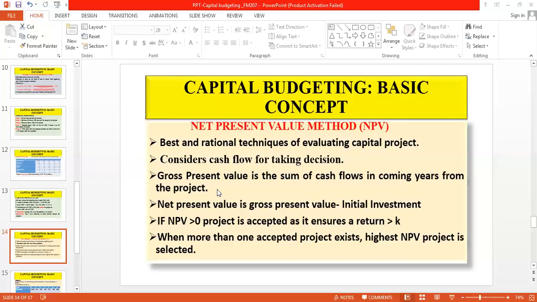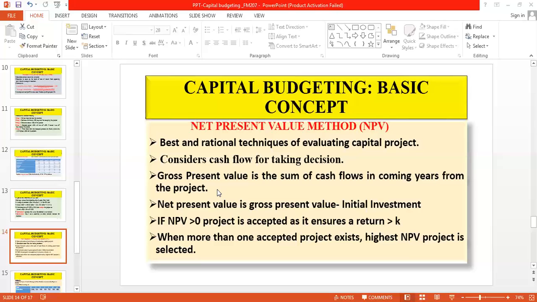So if the machine has 5 years duration, whatever cash flows the machine will generate from operating activities, you have to calculate the present value of that, and you have to add the present values to get the gross present value. Now we know for calculating the present value, we will multiply the cash flow figure of a year by the corresponding discounting factor of that year.